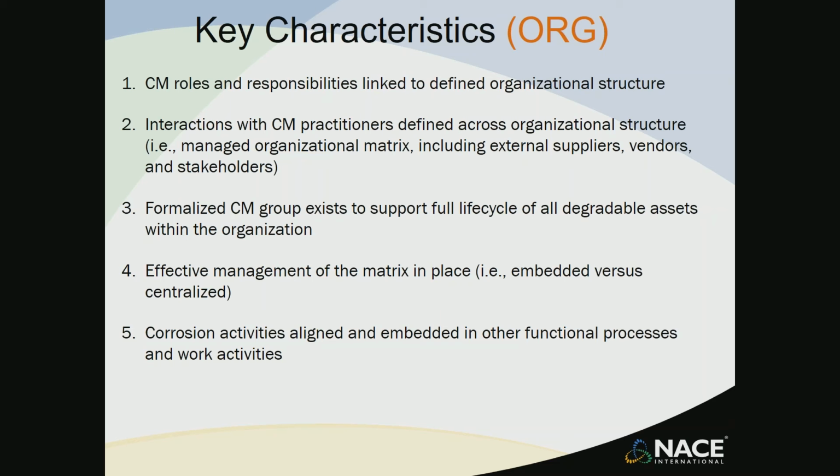And moving all the way up to level 5, corrosion activities are aligned and embedded in other functional processes and work activities. Meaning, are they connected to the environmental plan? Are they connected to the safety plan? Are they embedded in other functional processes and work activities?